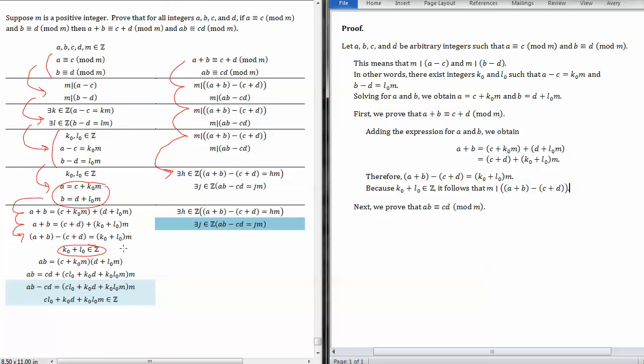We took these two statements to get that one, which took us to one of our goals.